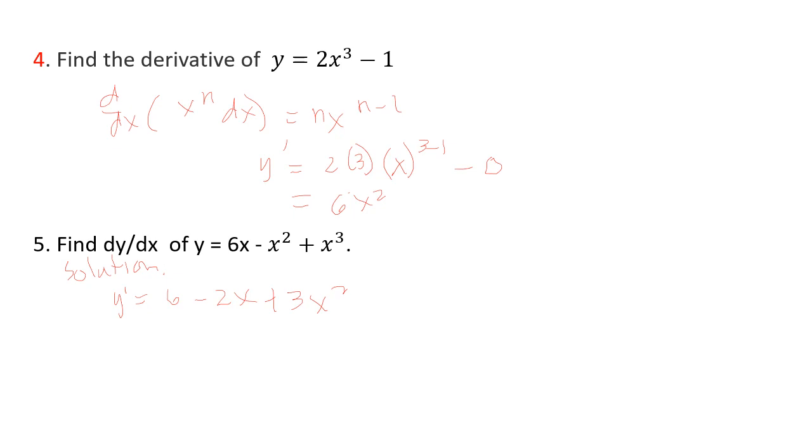Of course, this one is a constant and this is a variable. So this one is 2x, 2 minus 1 is 1, so x to the 1. And this one is 3x, 3 minus 1 is 2. So this is your dy over dx.